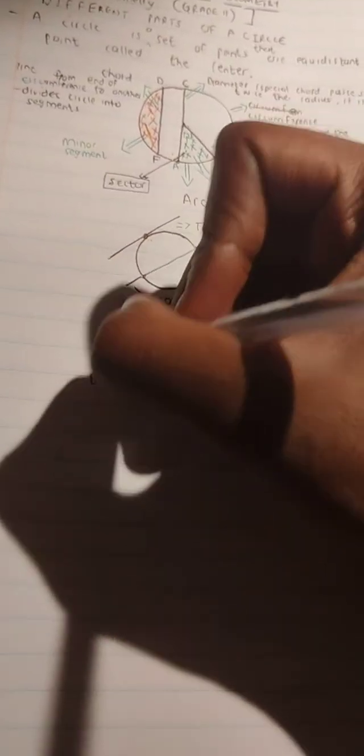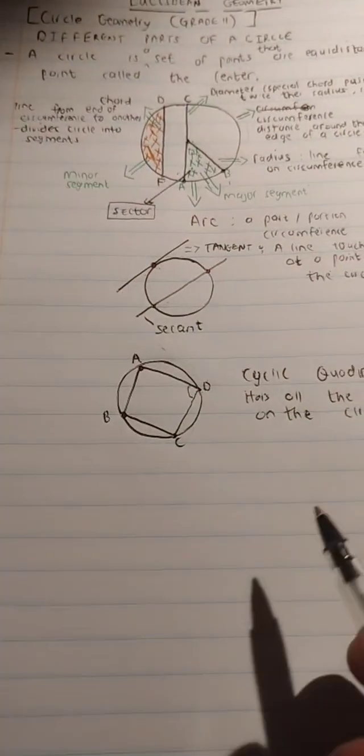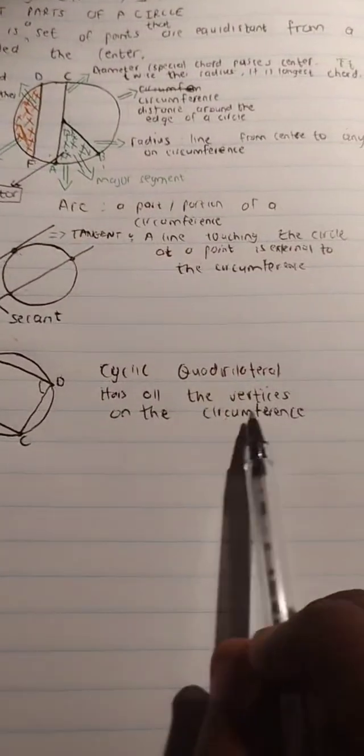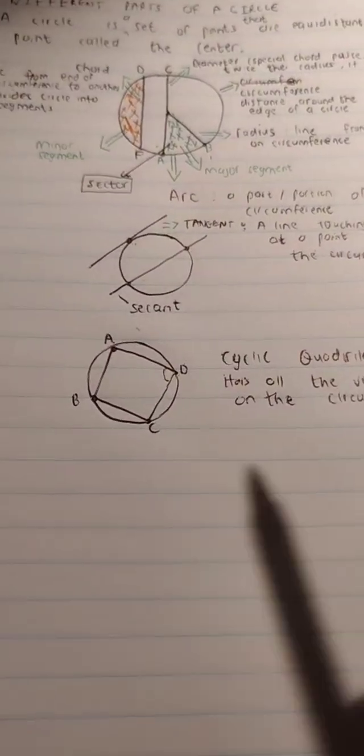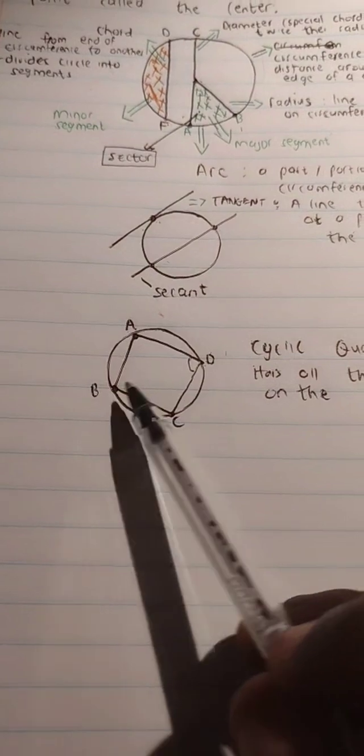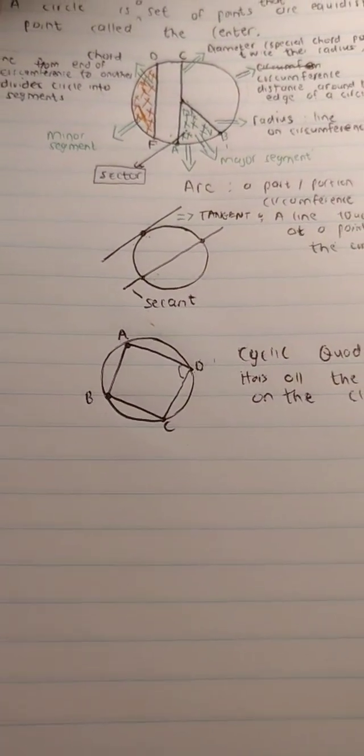We spoke about that. Two lines where they meet, we call this a vertex. Vertex is singular, one vertex. Vertices is plural, many vertices. So A, D, C, and B are your vertices.